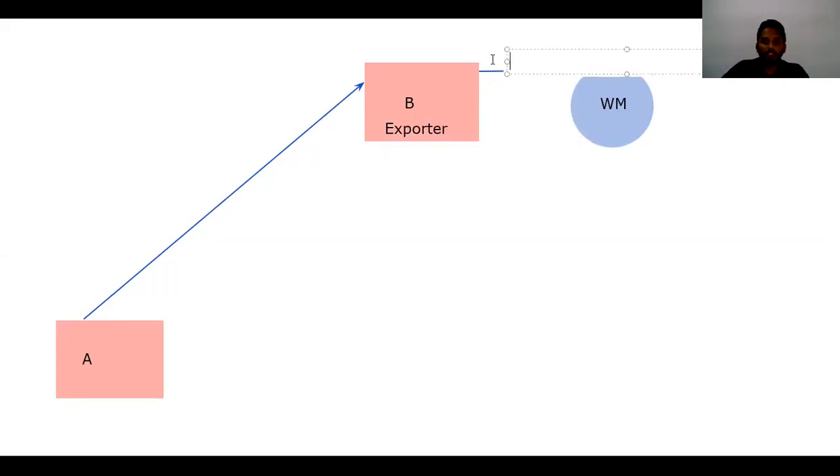He exports. Then his supply, as per the VAT law, may be zero rate. Then this company B is now eligible to register as a RIP.